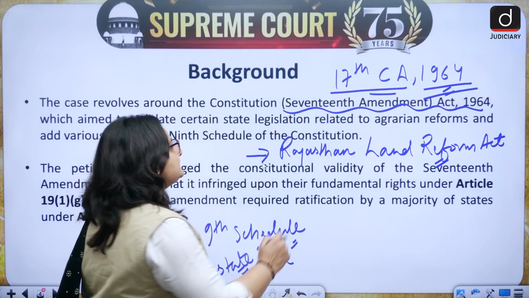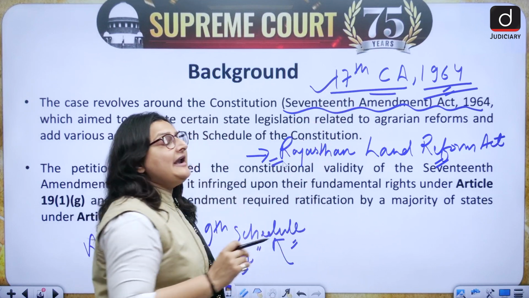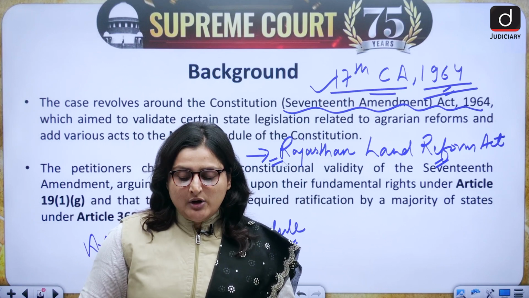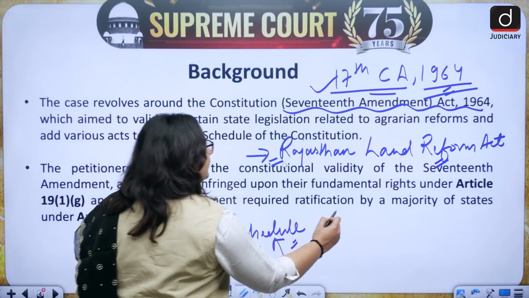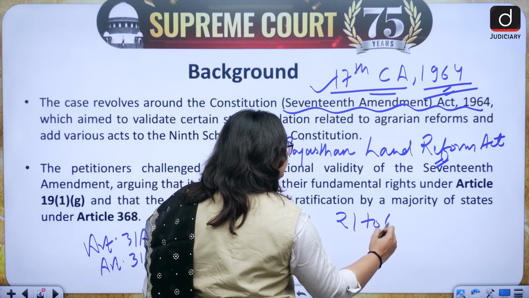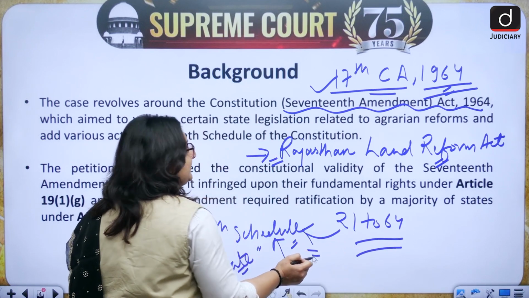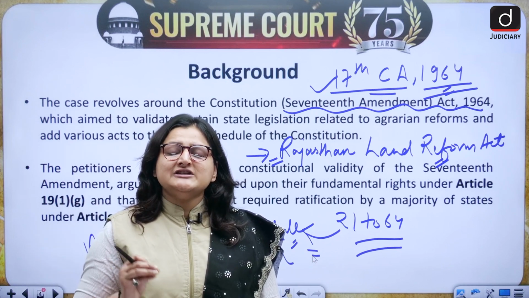Through the 17th Constitutional Amendment Act, this Rajasthan Land Reform Act was put in the 9th schedule, and specifically entries 21 to 64 of the Rajasthan Land Reform Act were put in the 9th schedule, so that it is beyond judicial scrutiny.